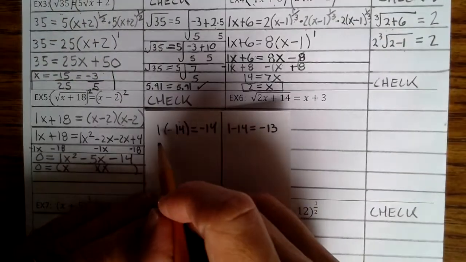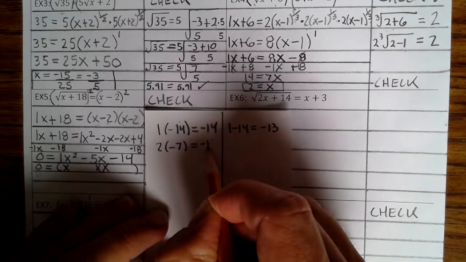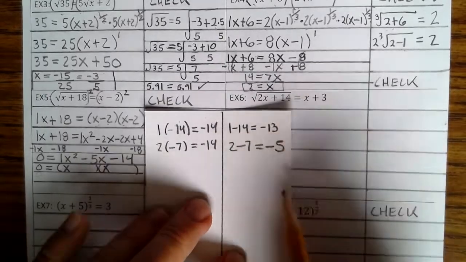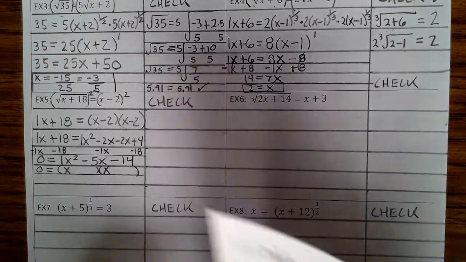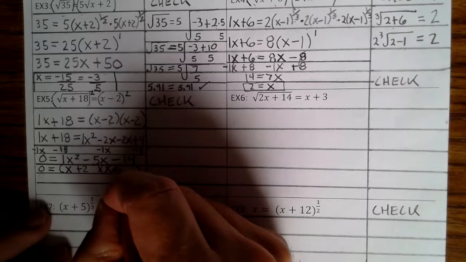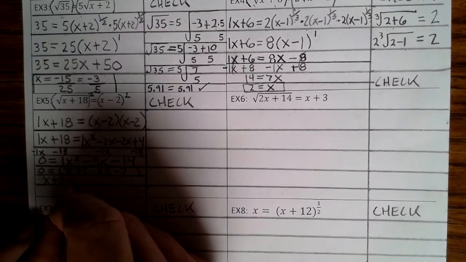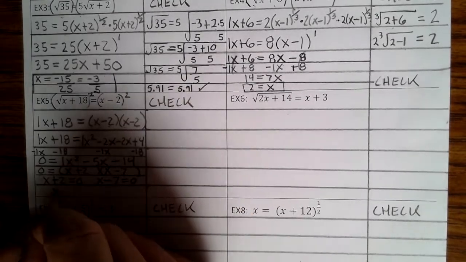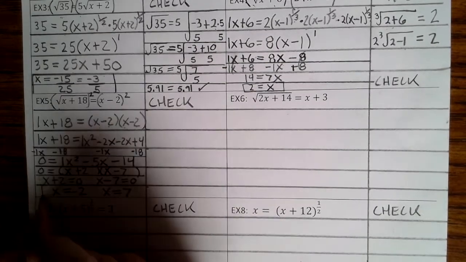Okay, and then we know 2 times negative 7 is negative 14. Well, 2 minus 7 is negative 5. This is our combination, so 2 and negative 7. Okay, so (x plus 2)(x minus 7). So you set x plus 2 equal to 0 and x minus 7 equal to 0. So x equals negative 2 and x equals 7.